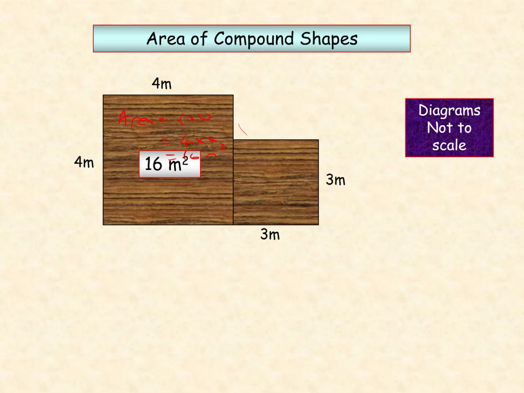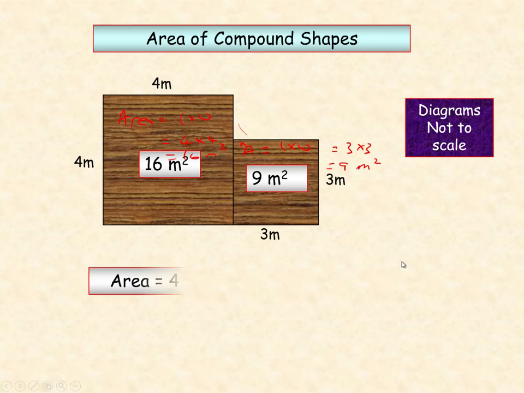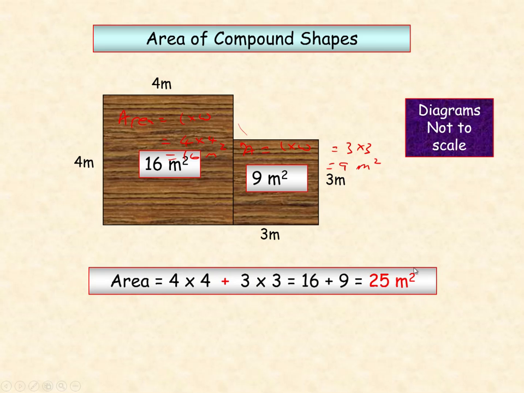And same thing here, area is equal to length times width, which is equal to 3 times 3, which is going to give us 9. And I add them together then. 16 add 9 will give me a total of 25 meters squared.